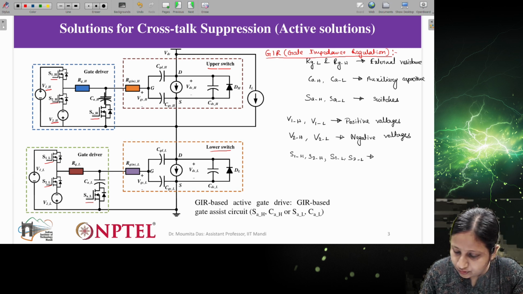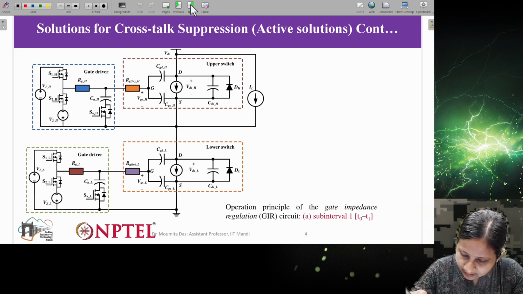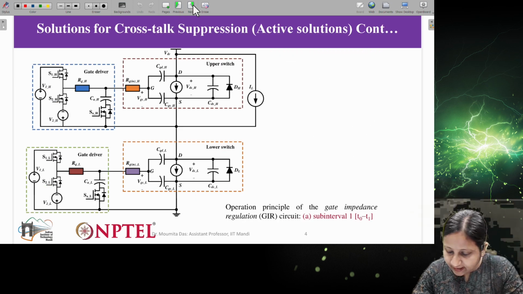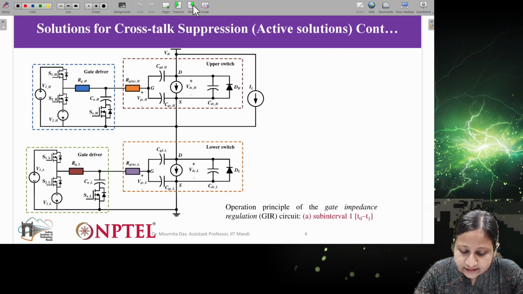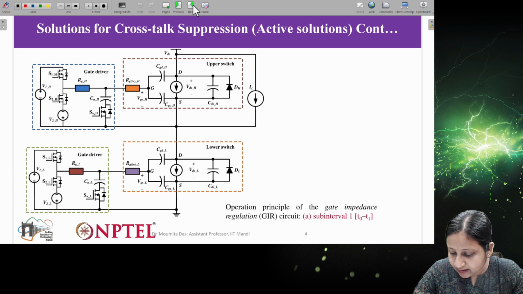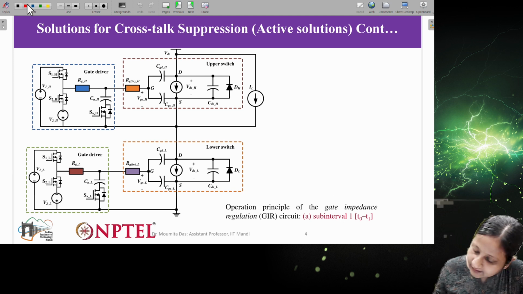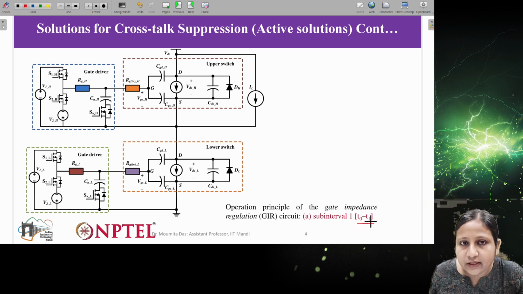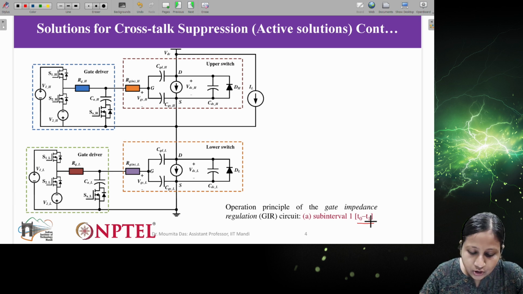I have divided it into different times. So you can see here, there are different sub intervals for this active operation. Let's consider the first sub interval, given here as T0 to T1. What is happening in this T0 to T1 duration?